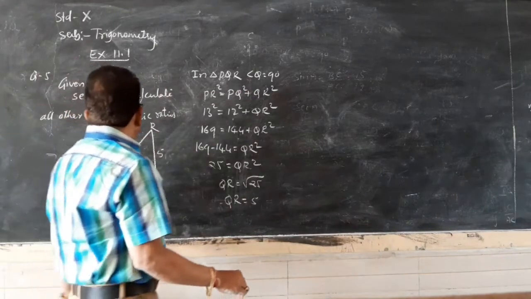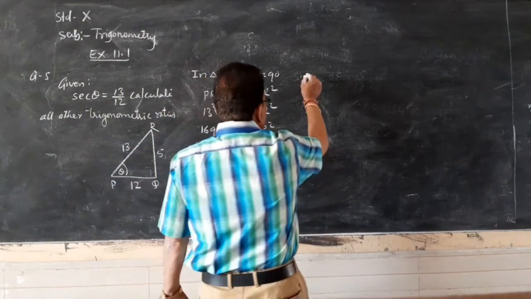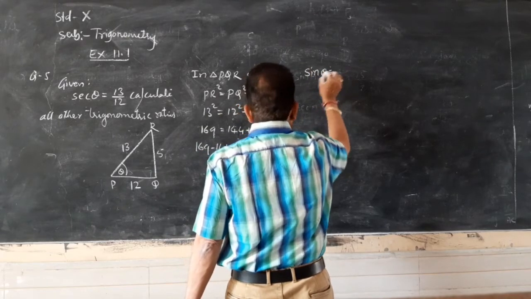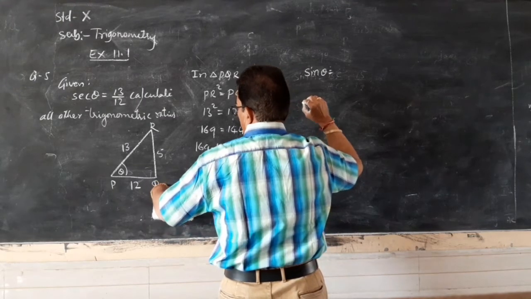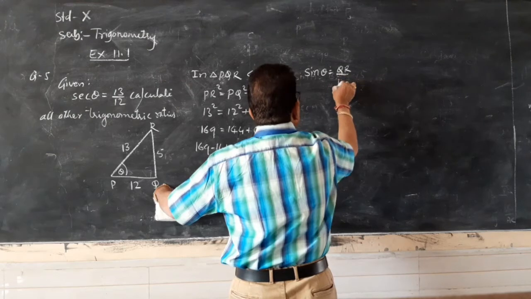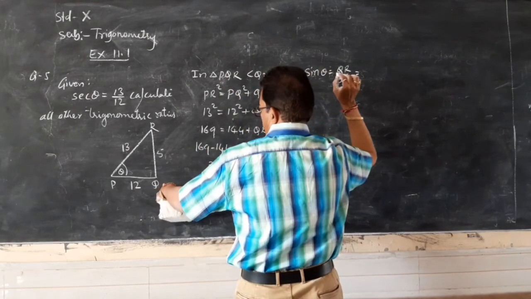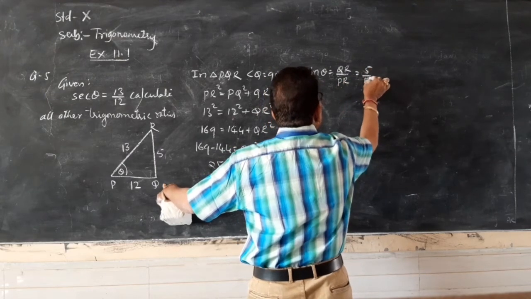Now, calculate all other trigonometric ratios. First, sine of angle theta. Sine theta equals opposite side divided by hypotenuse, opposite side QR divided by hypotenuse PR, that is 5 by 13.